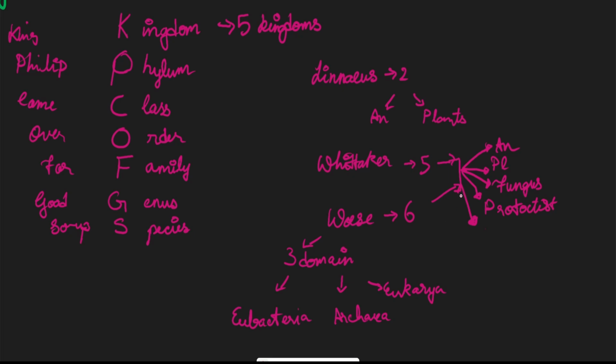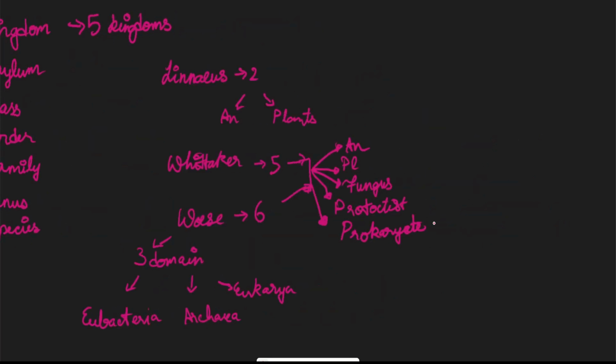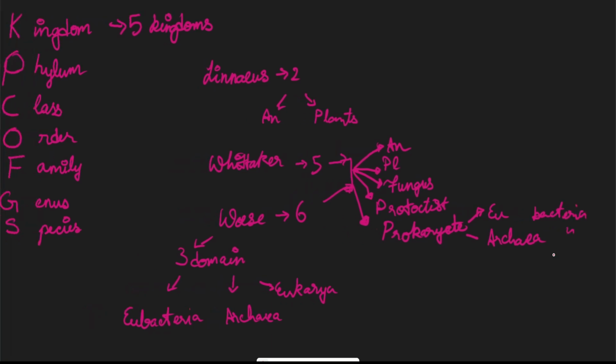So, Whitaker proposed a prokaryote kingdom, and Woese went one step further and subdivided prokaryote into eubacteria and archaebacteria.